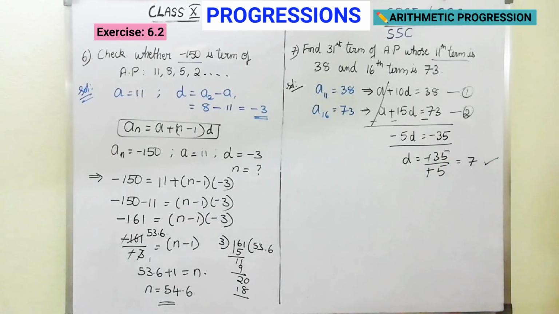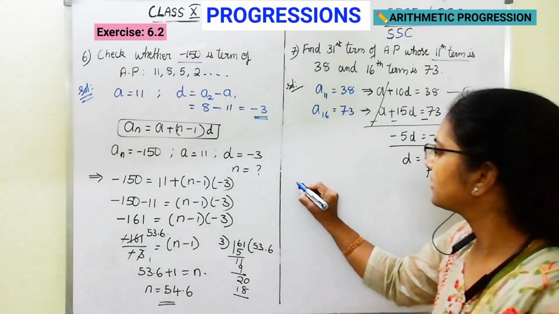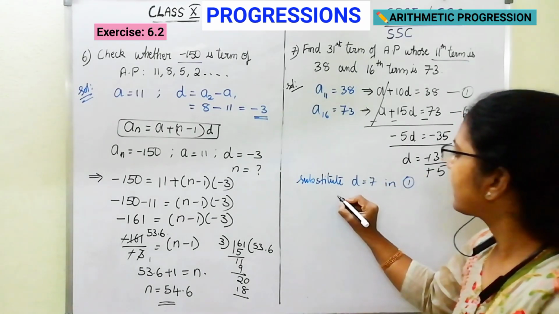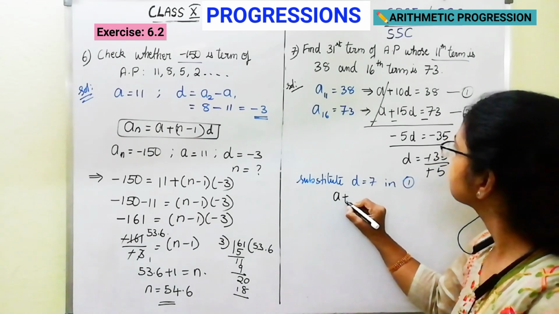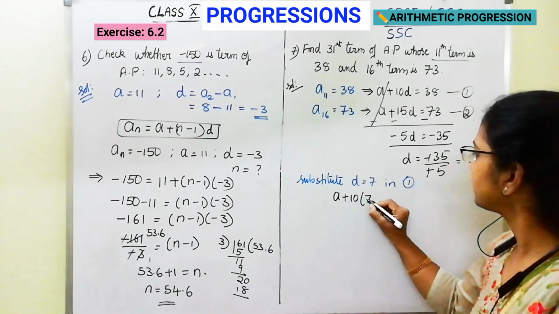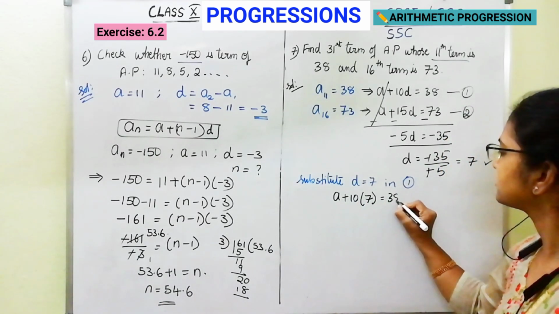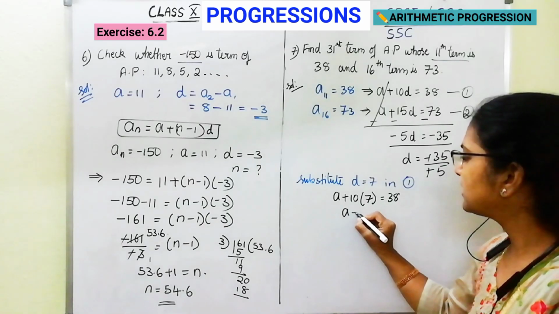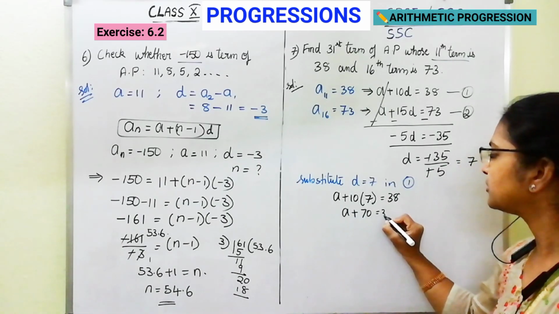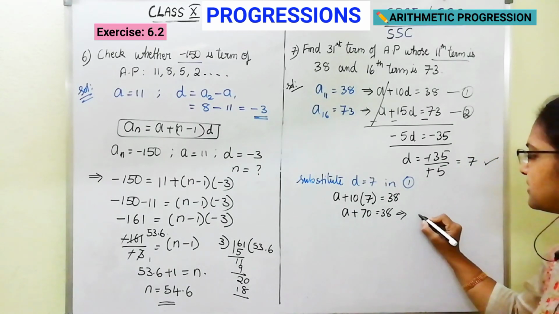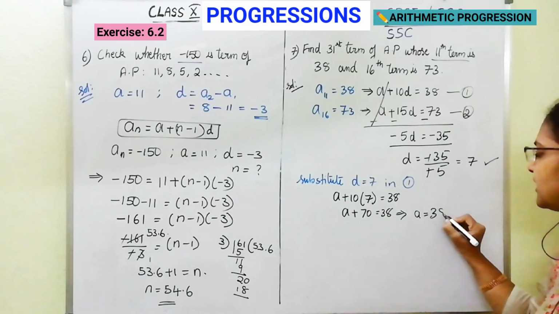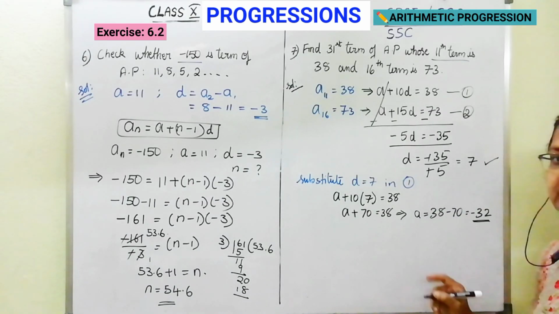So D is 7. Only D is not sufficient, so we will be substituting back. When we substitute it back, A plus 10 into 7 is equal to 38. So A plus 70 is equal to 38, which implies A is equal to 38 minus 70. A is minus 32.